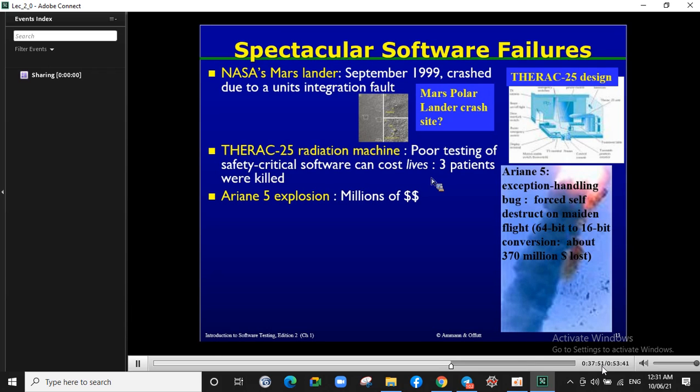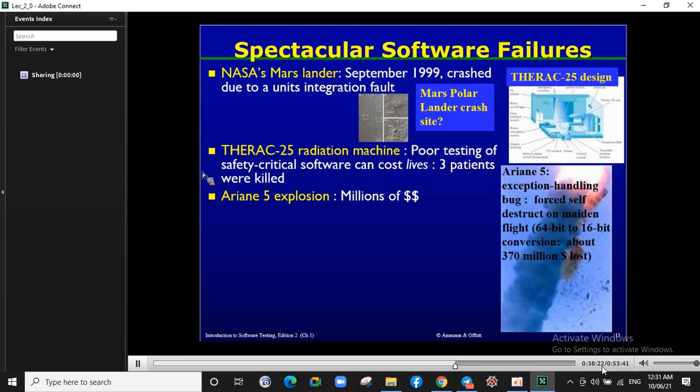For example, note that in the Therac-25 radiation machine, poor testing of safety-critical software caused the deaths of 3 patients at its first usage. This is just because of a software failure in its controller, in its embedded control application.